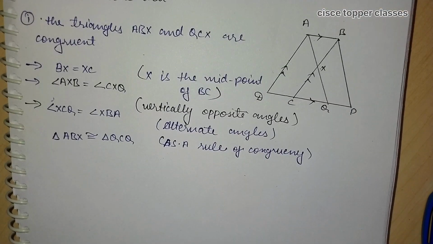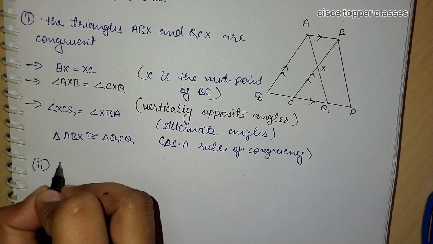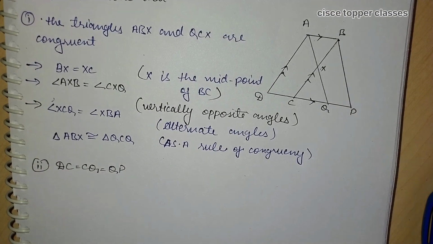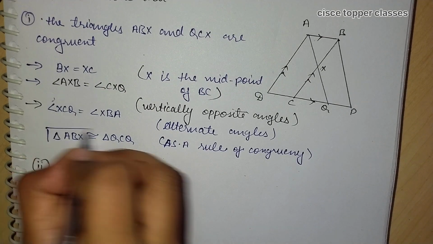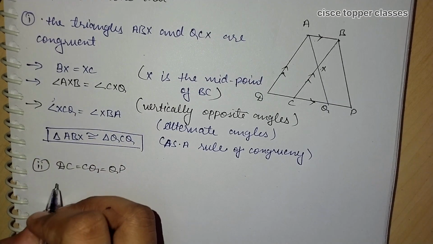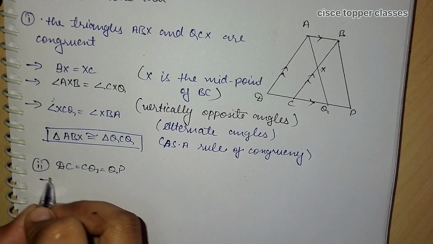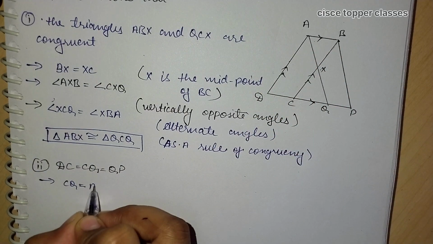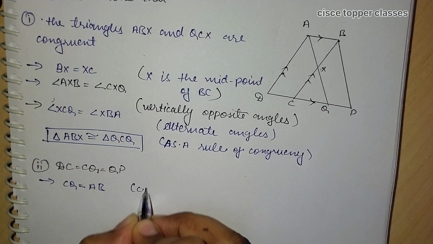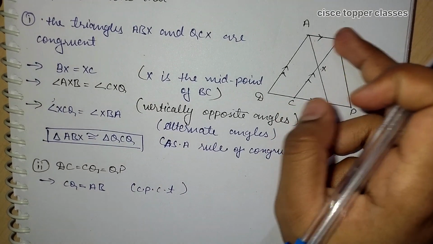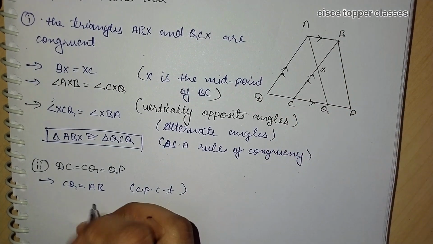And the second thing which we have to prove in this question is DC is equal to CQ is equal to QP. Here from the first part we can simply conclude that CQ is equal to AB by CPCT. And the second thing is AB is equal to DC because it is a parallelogram.